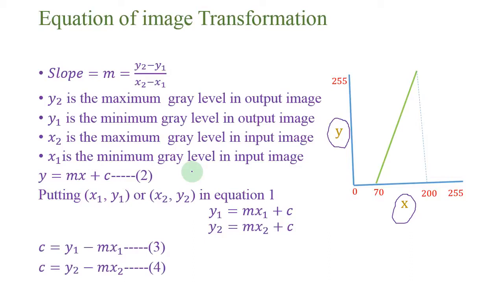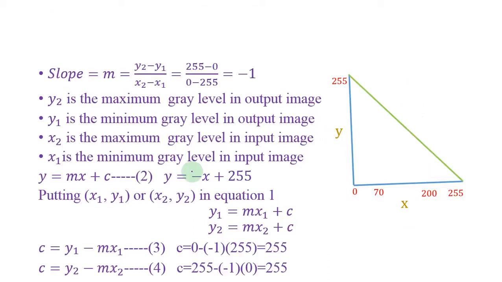Next we will see another application of contrast adjustment, which is the negative image. So negative image is calculated in the same way, but there is a little difference, that in this case 0 will be mapped to 255.